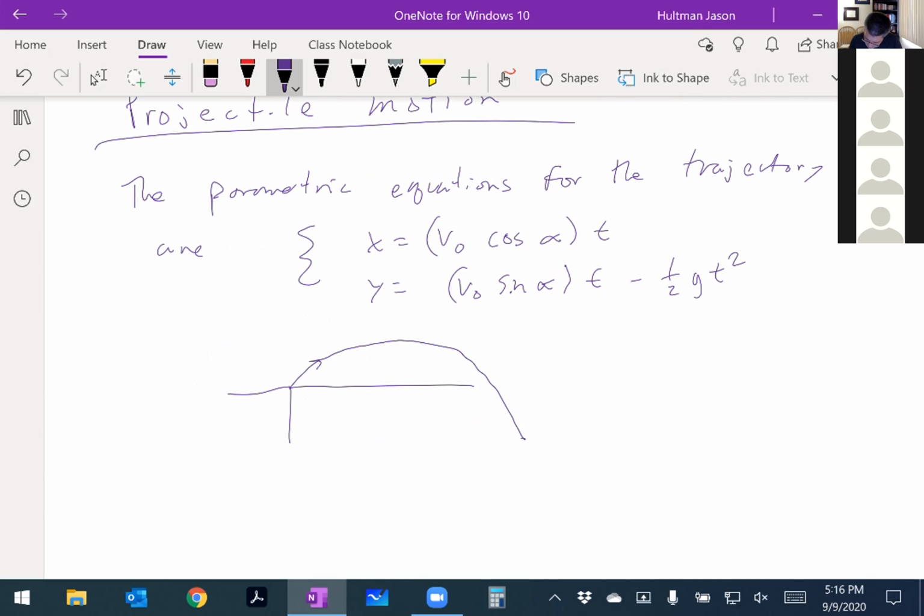This is our path, so it should be a parabolic path if we're up here.